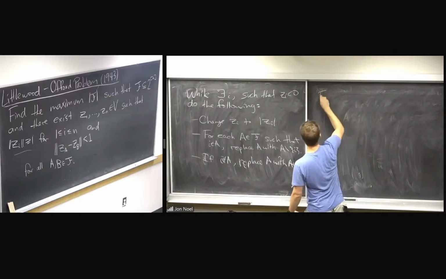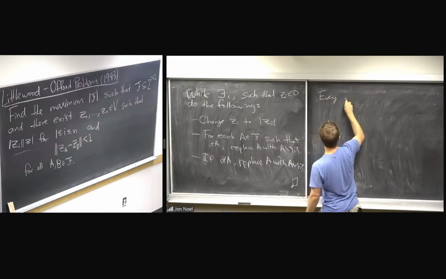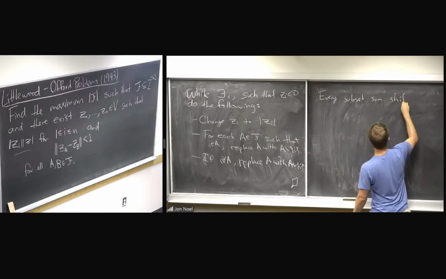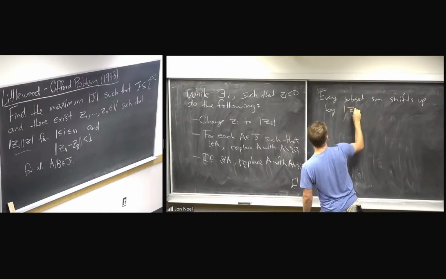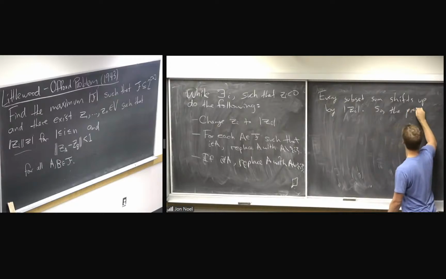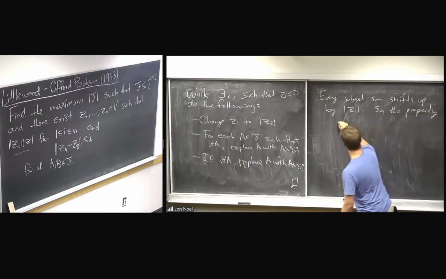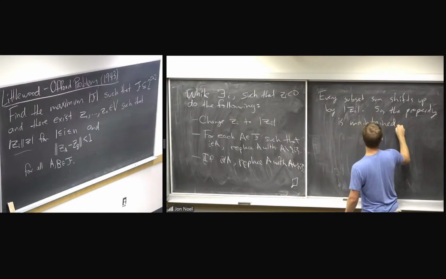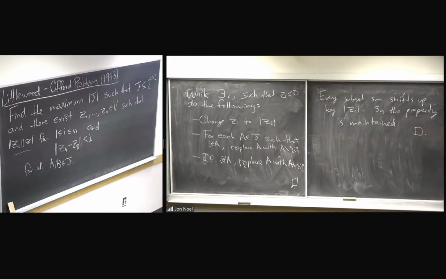Every subset shifts up by the absolute value of Z_i, so the property is maintained. And as long as you have a negative, you just keep doing this. Now they're all positive. Now it's an anti-chain, and now you win by Sperner.